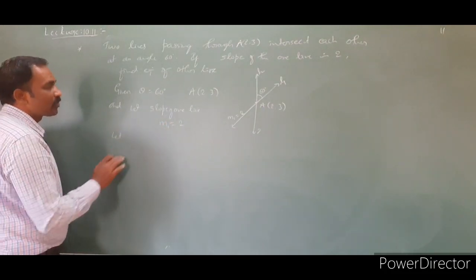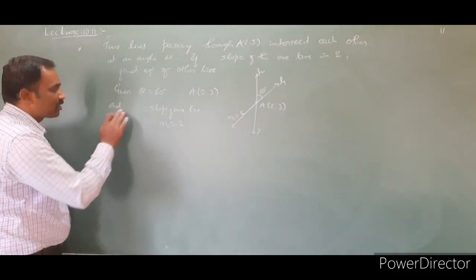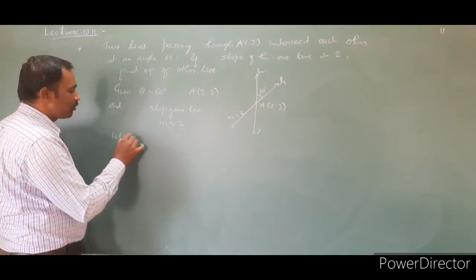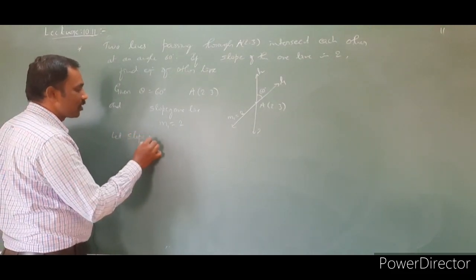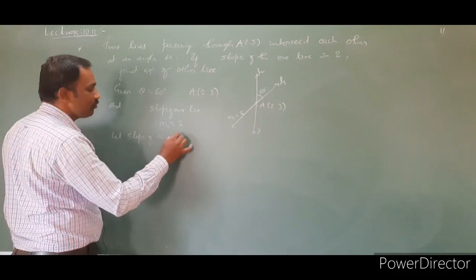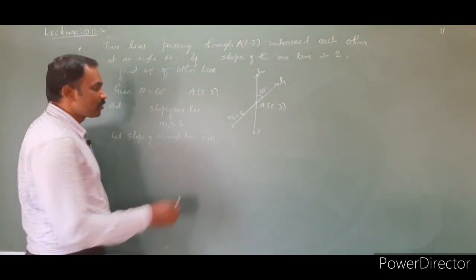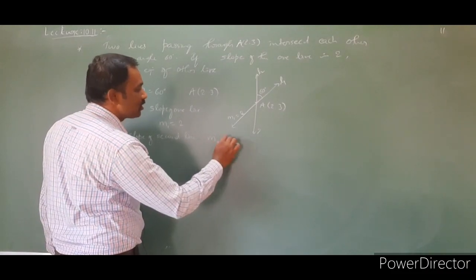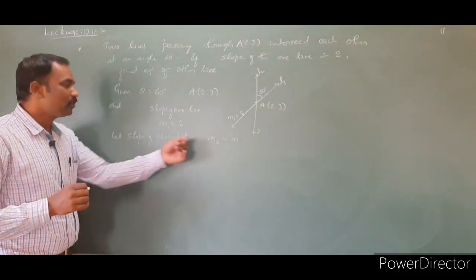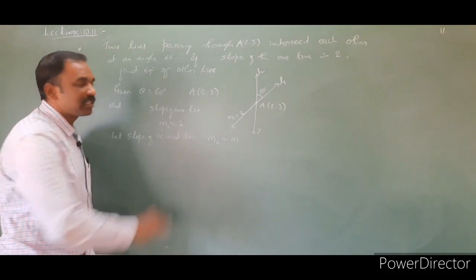Let the slope of the second line be m2 is equal to m. M1 is 2, and the slope of the second line I just consider as m.